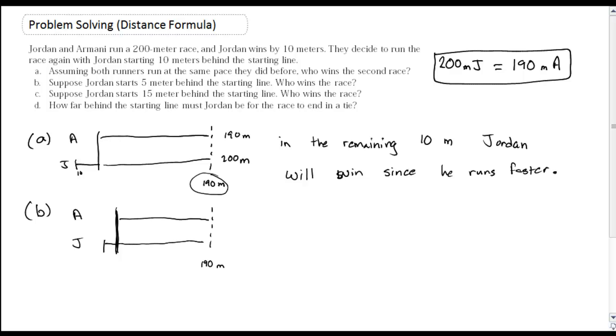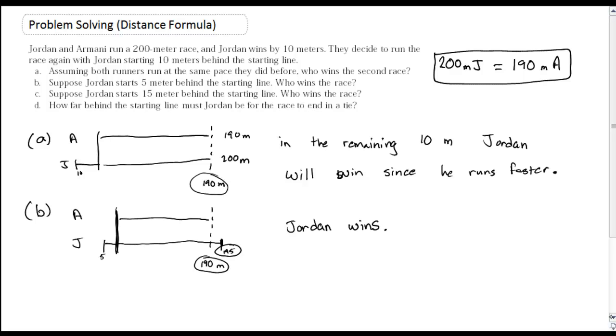And in the time that it takes Armani to run 190 meters, Jordan can run 200. Well, if he was 5 meters behind, so 5 plus 190 plus another 5 gets him his 200. So actually he's at 195 meters when Armani is only at 190. And again, Jordan only has 5 meters left to go. He runs faster anyway, so yeah, Jordan definitely wins.